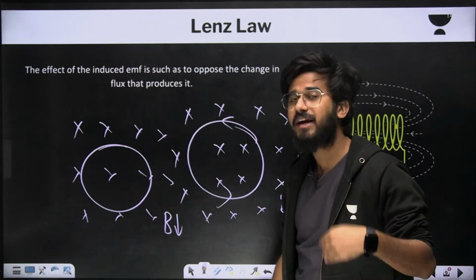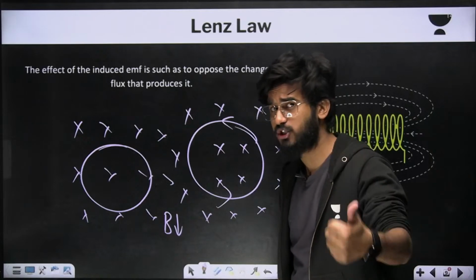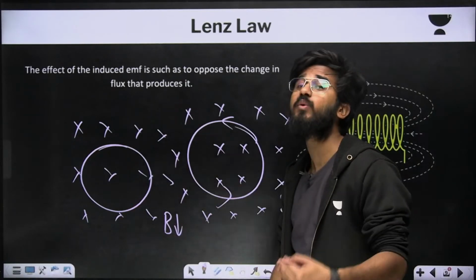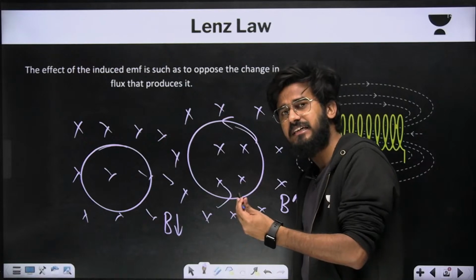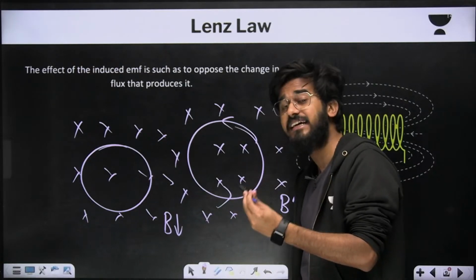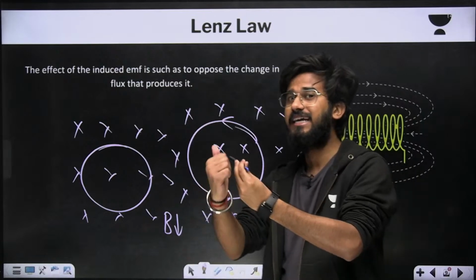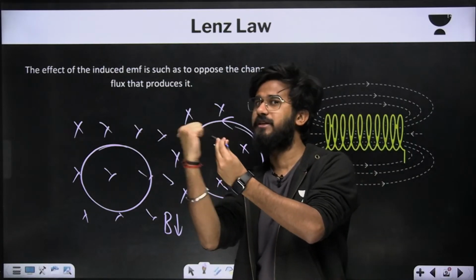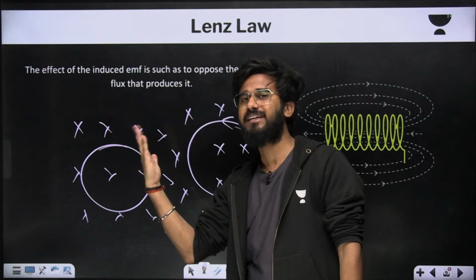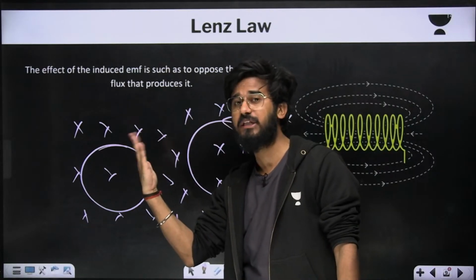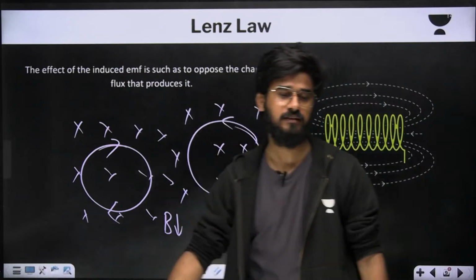So the current will be produced in such a way that it will try to increase, or maximize, the magnetic field. It means the magnetic field will be inside. And if the magnetic field is inside, what is the direction of our induced current? It is simply clockwise. Done.